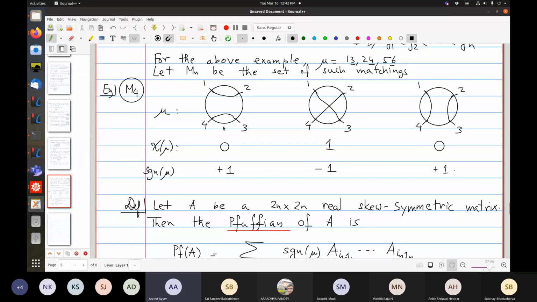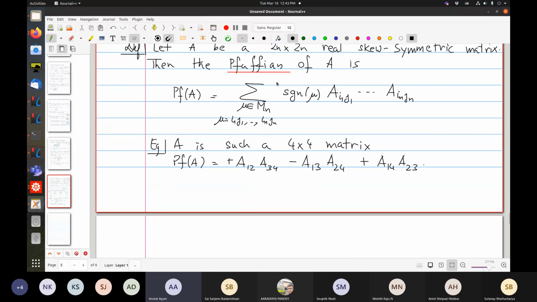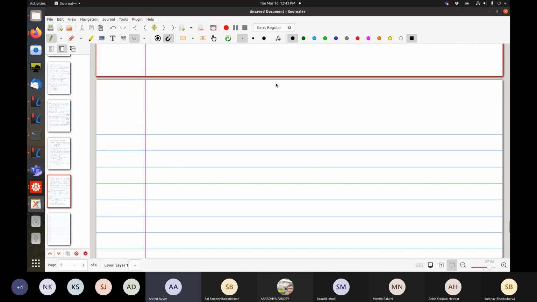I1, J1 is 1, 2, I2, J2 is 3, 4. Sign is 0, so this comes with a plus sign. Minus A13 A24 plus A14 A23. Okay, where these are the entries. So it's Aij.